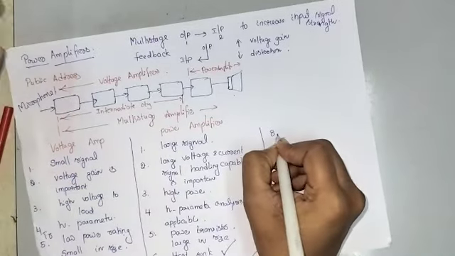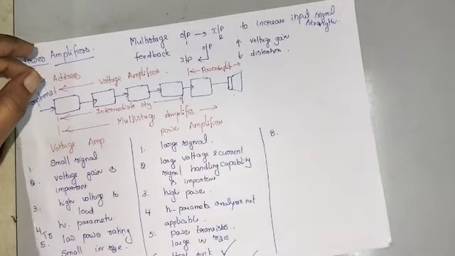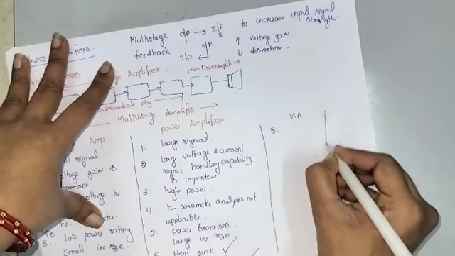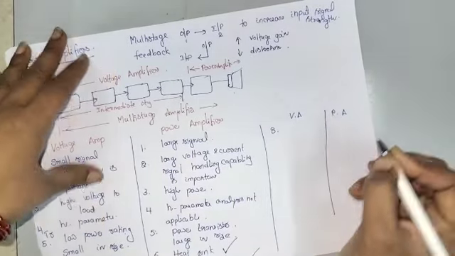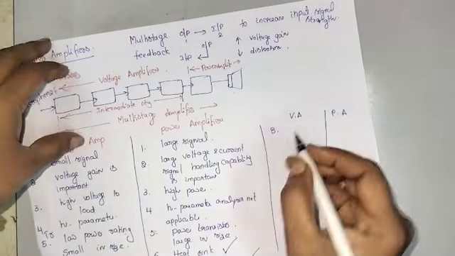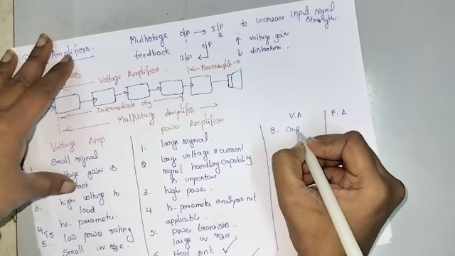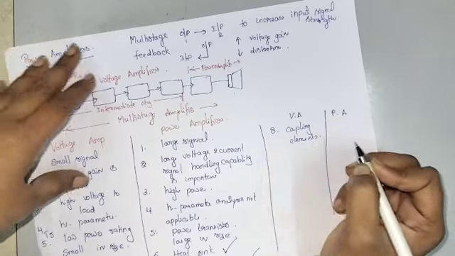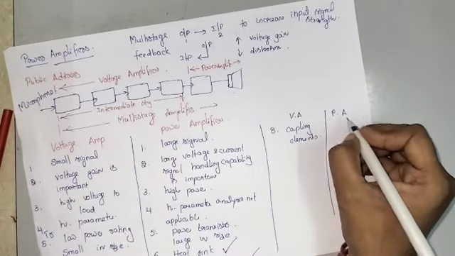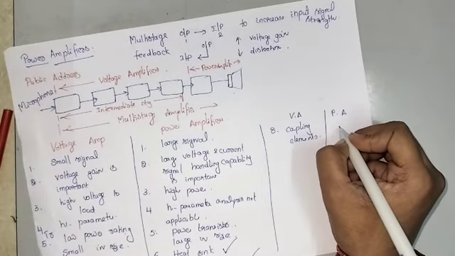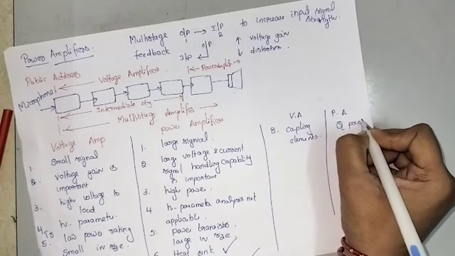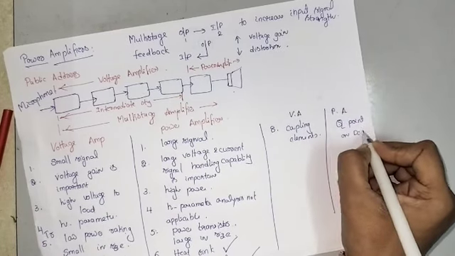One more point: voltage amplifiers are generally classified depending upon the coupling elements. Power amplifiers are classified depending upon the output characteristics of the power transistor, by considering the Q point on the DC load line.